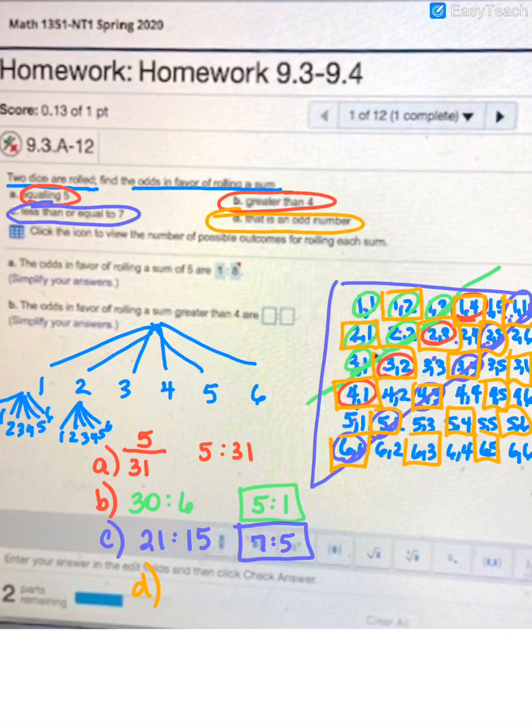So if I count those, 1, 2, 3, 4, 5, 6, 7, 8, 9, 10, 11, 12, 13, 14, 15, 16, 17, 18. So 18 sums are an odd number, which also means 18 sums are not, and those are both divisible by 18, so my odds in that case would be 1 to 1.